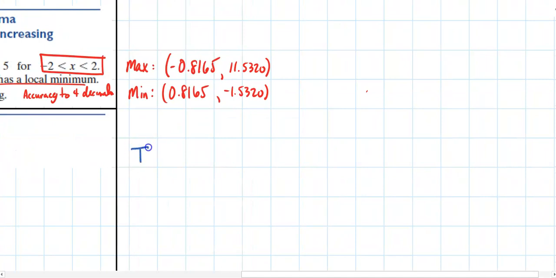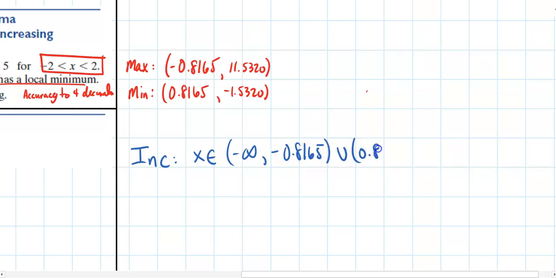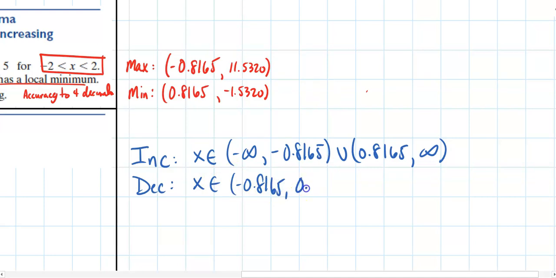So we might say something like this. The function is increasing when the x values exist between negative infinity up to negative 0.8165, and then again from positive 0.8165 to infinity. And our function was decreasing for all x values that exist between negative 0.8165 and positive 0.8165.